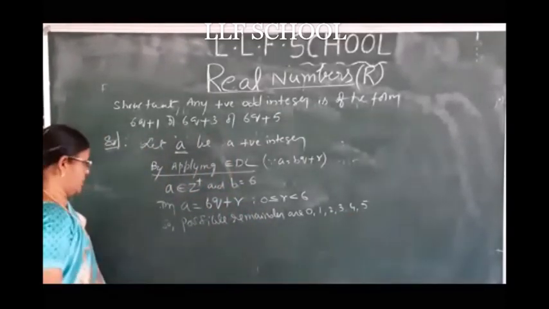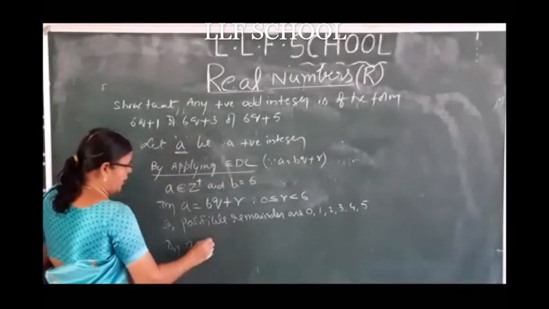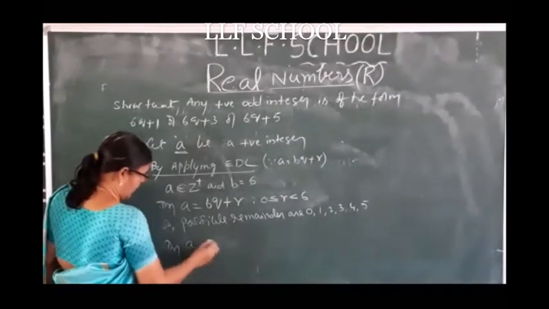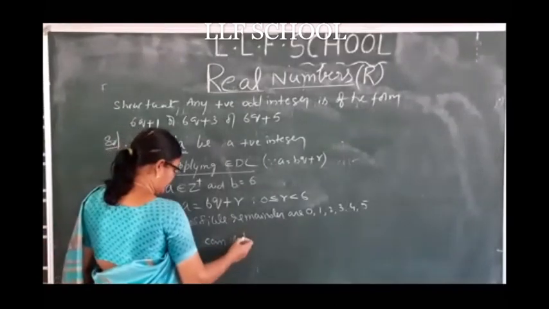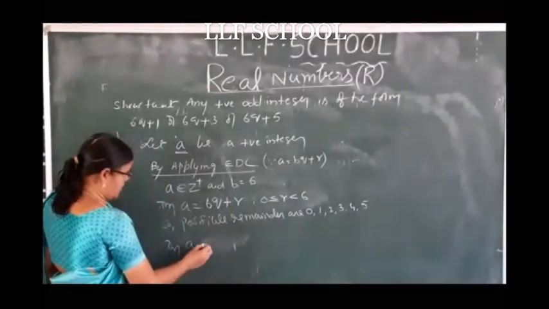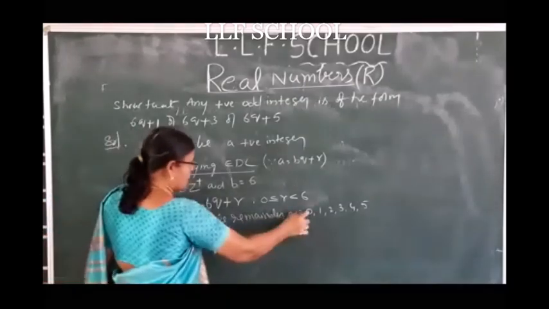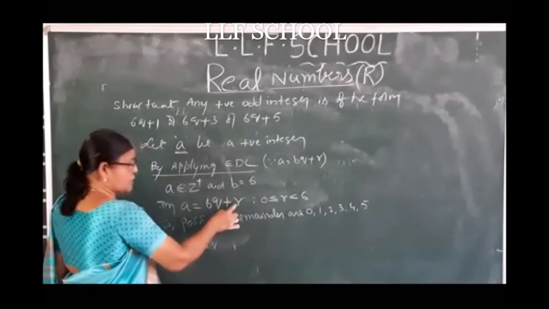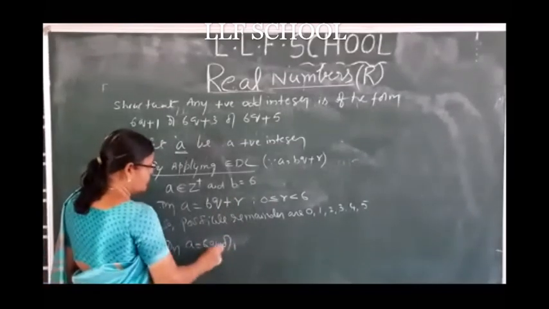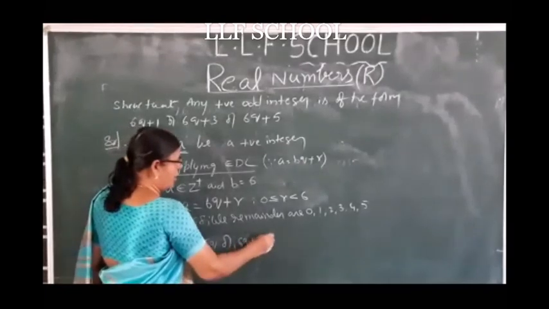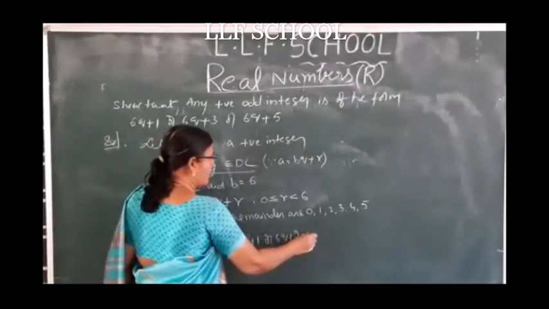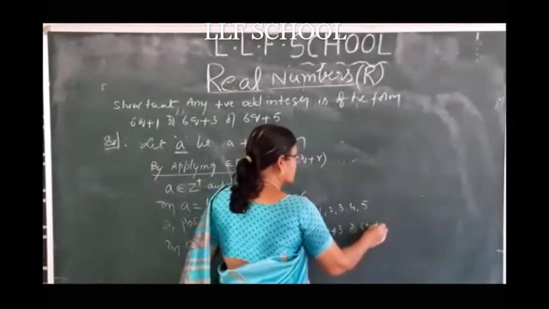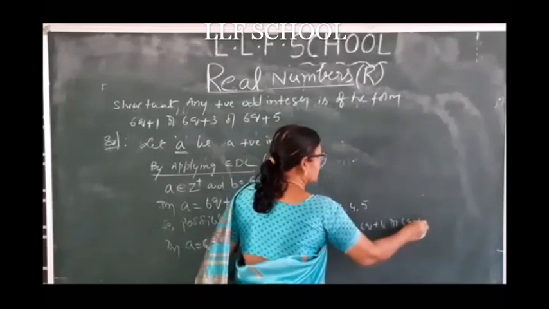Then A can be, these remainders are kept in the remainder place. Then A is equal to 6q plus 0, that means 6q. Or 6q plus 1. Or 6q plus 2. Or 6q plus 3. Or 6q plus 4. Or 6q plus 5.